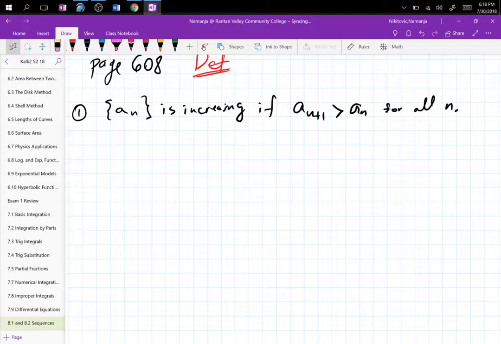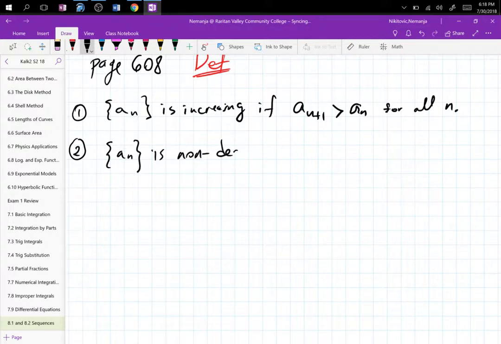And now you have the term for non-decreasing. So a_n is non-decreasing if a_(n+1) is larger than or equal to a_n.